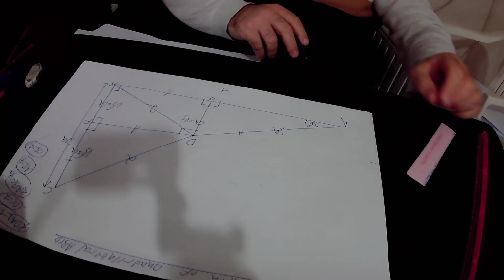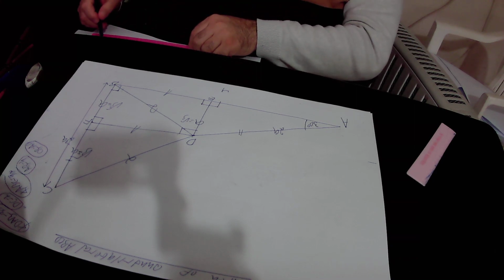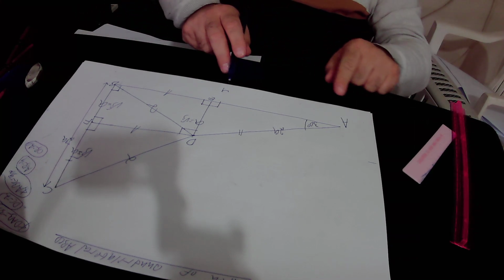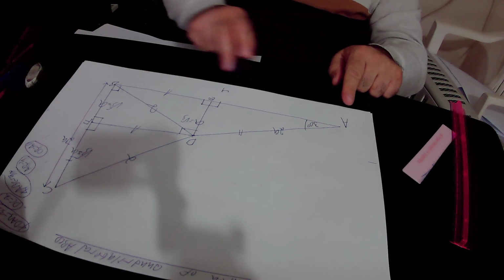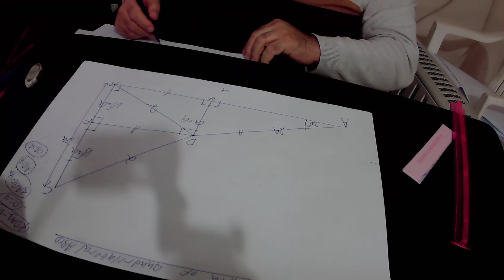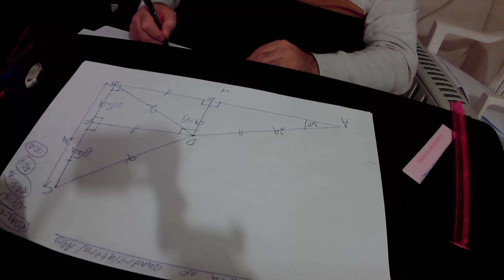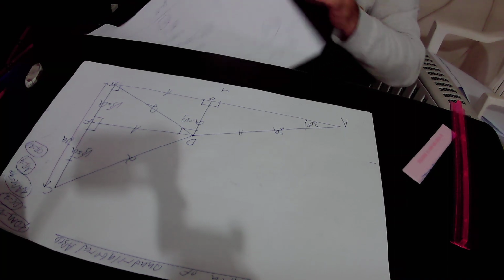And what is the value of AE? AE equals AB minus EB. Let's repeat again.